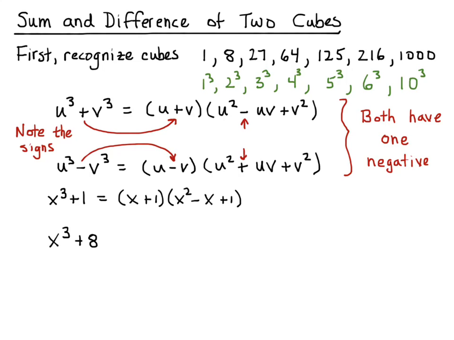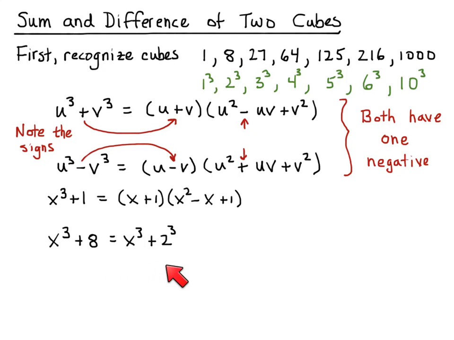All right, so if we have something other than a 1, like x cubed plus 8, think of that as x cubed plus 2 cubed. Now you have two cubes. And it'll be helpful for you to write this too, to write what you're cubing, because whenever you're substituting it back into these factored forms, you're not going to use the 8.